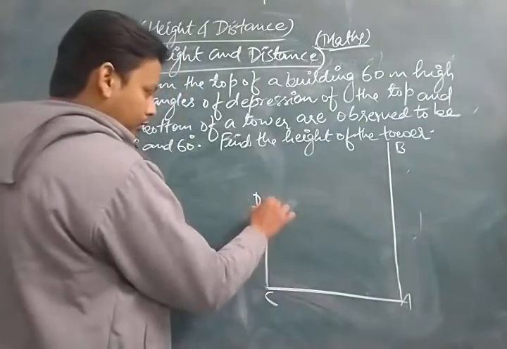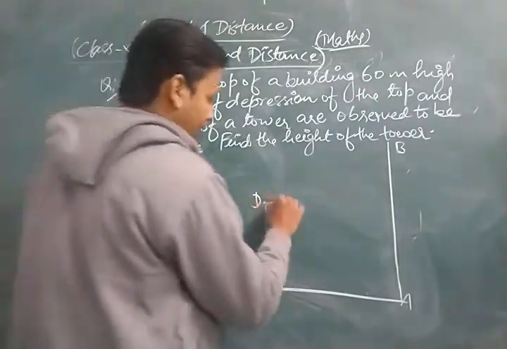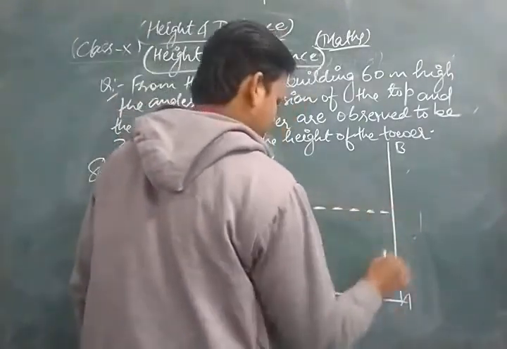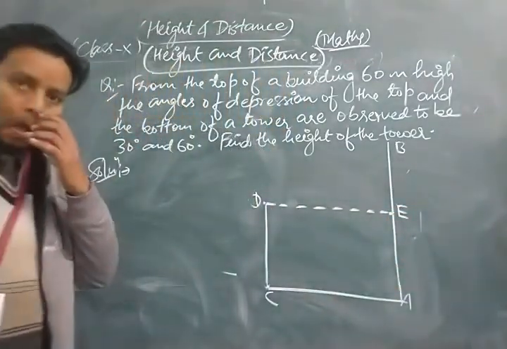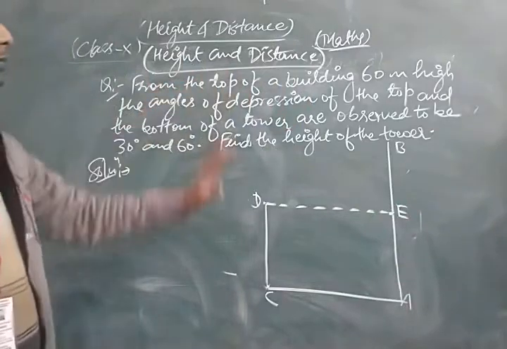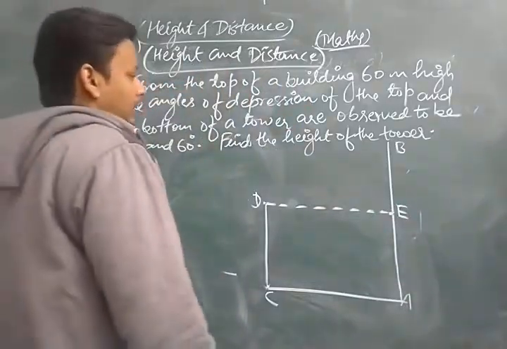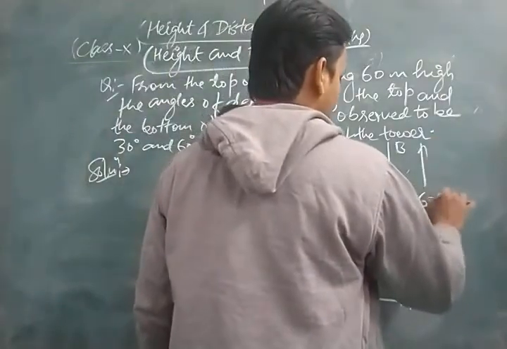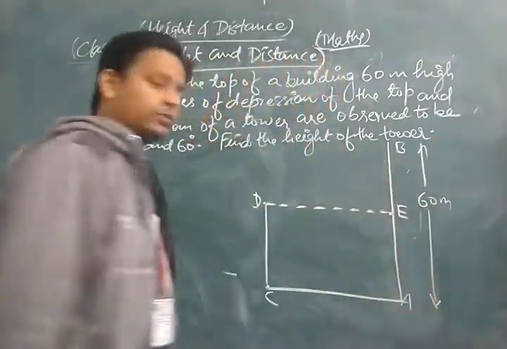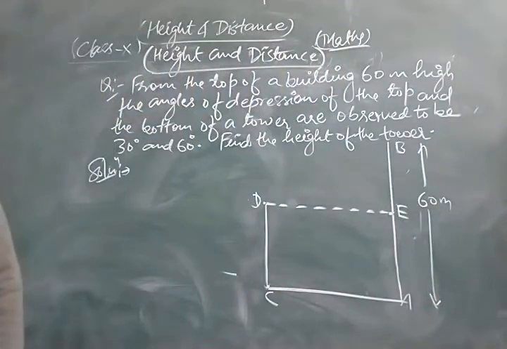This is the top of the tower and this is the bottom of the tower. We join them. Now, the building is 60 meters high, so the height AB is 60 meters.